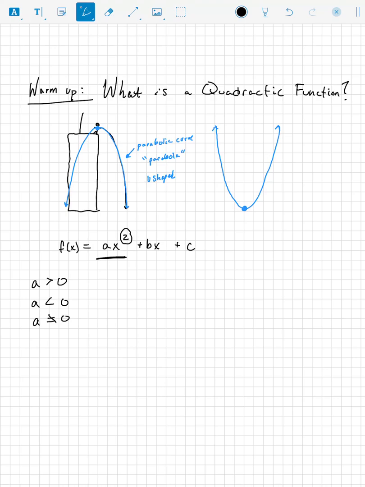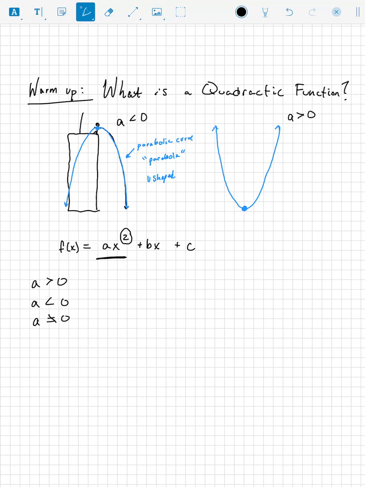Now, a couple things you need to know. For an upside down U, the value of a will always be strictly less than 0. And the value of a for a regular U-shaped curve, which looks like it's smiling at you, will always be greater than 0.